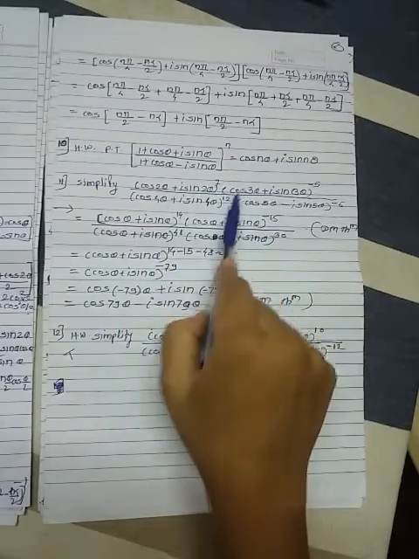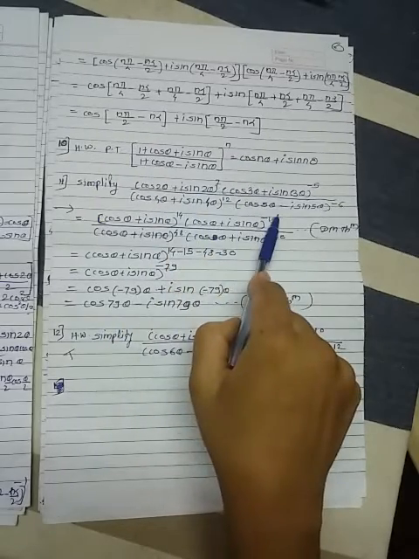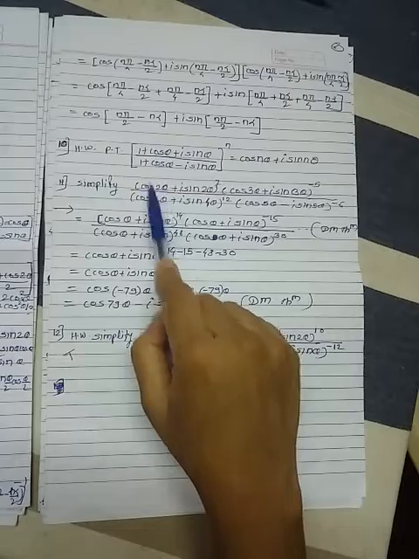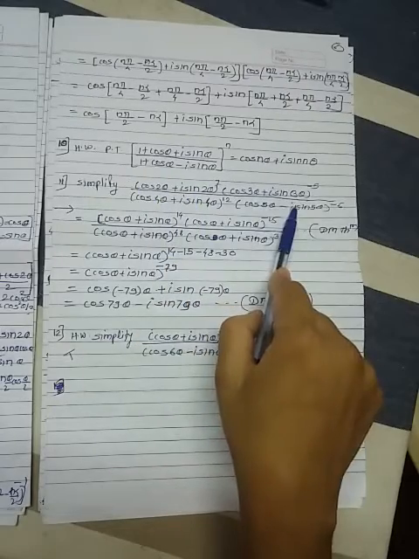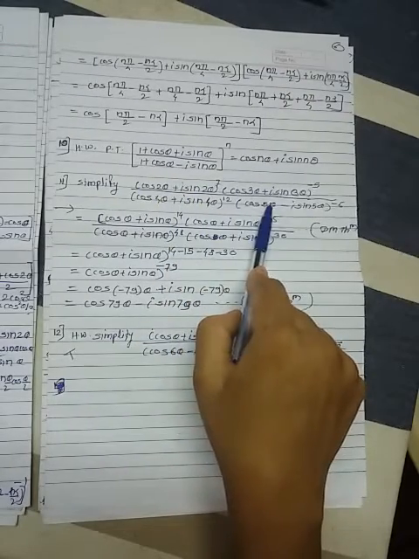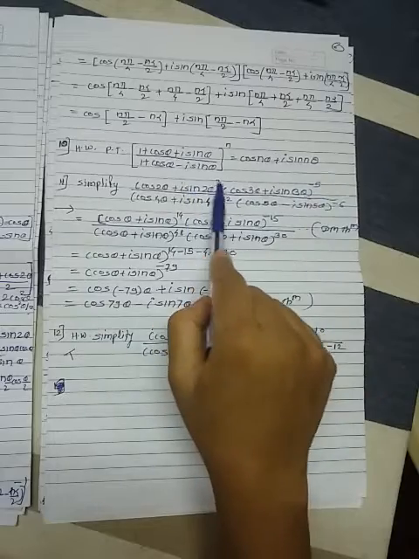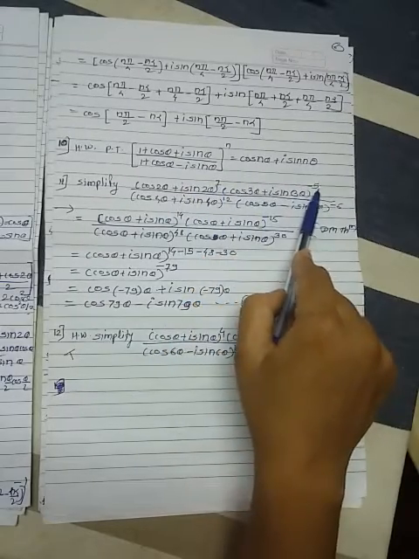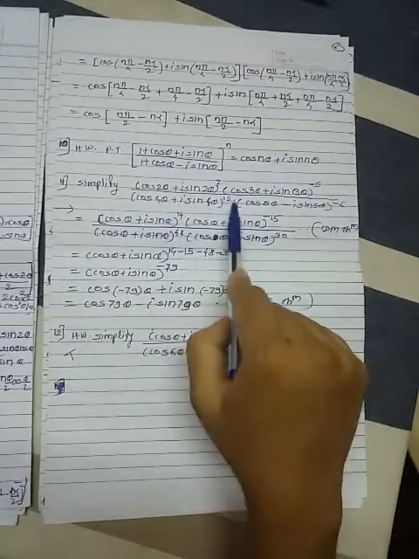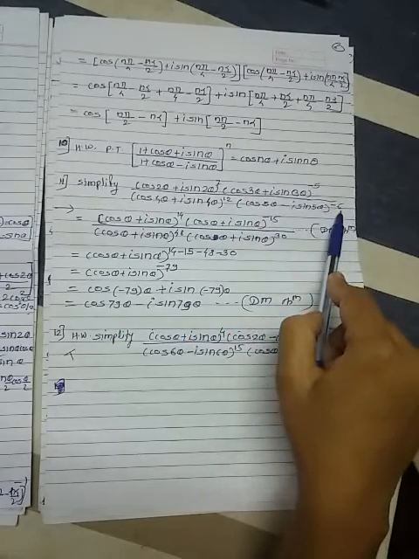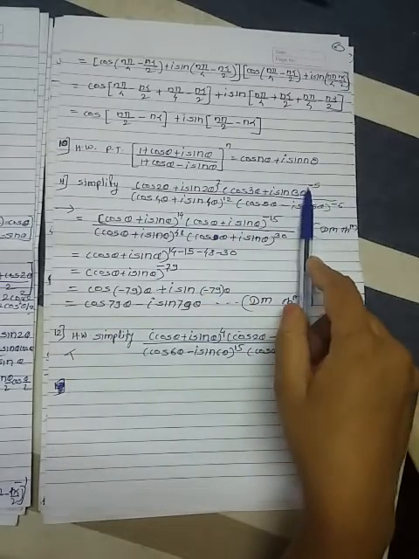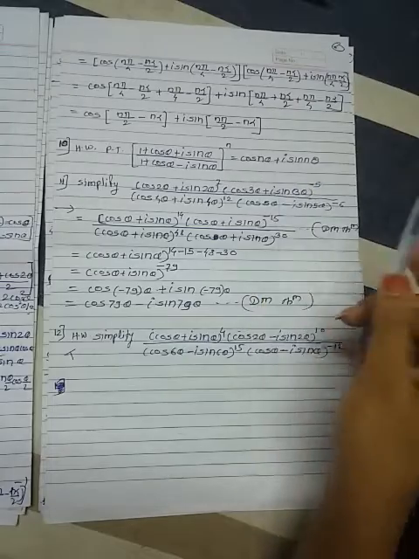There is a numerator and denominator, 4 brackets are there, and the 4 brackets consist of cos and sine terms, that is De Moivre's theorem again, and the powers are different. This bracket is raised to 7, this bracket raised to minus 5, divided by this bracket raised to 12 into this bracket raised to minus 6. This we have to simplify by De Moivre's theorem, of course.